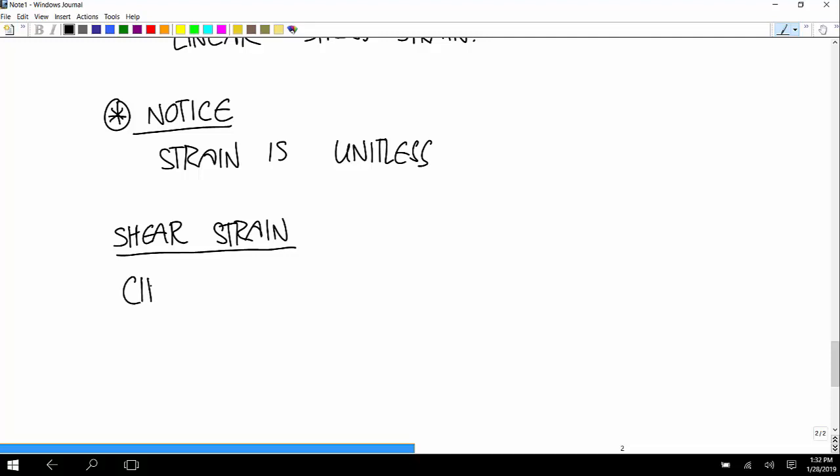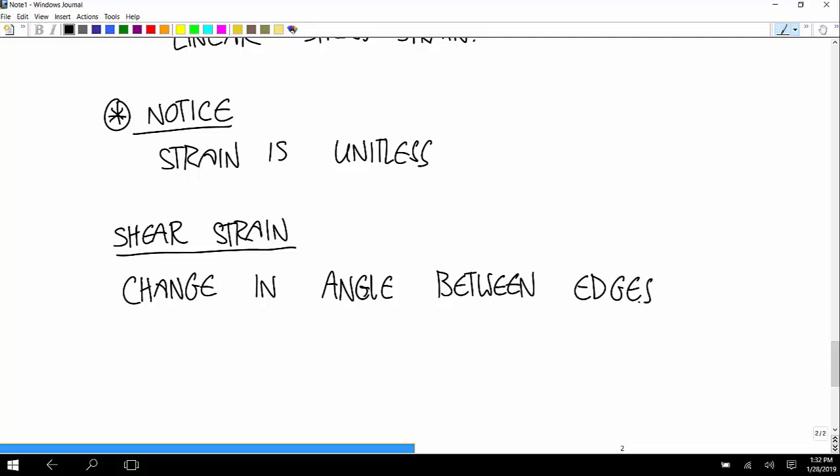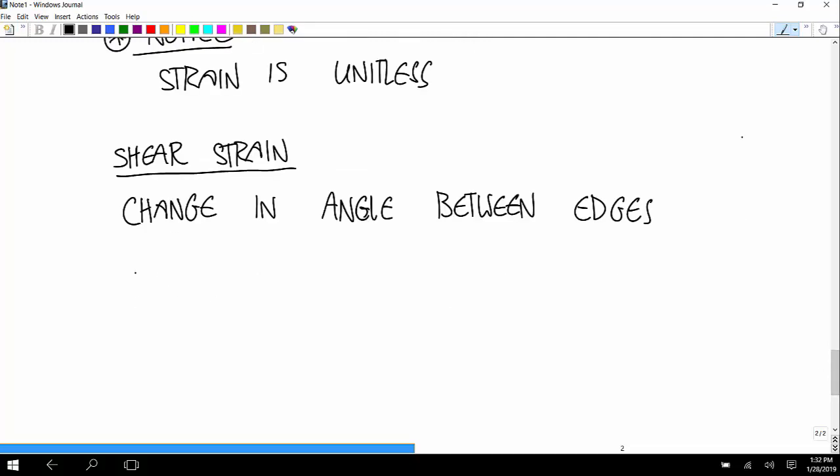So shear strain is a change in the angle between edges. If you start out with, again, a coordinate system like this, and start out with something that's a quadrilateral, all of these angles are 90 degrees to start with.